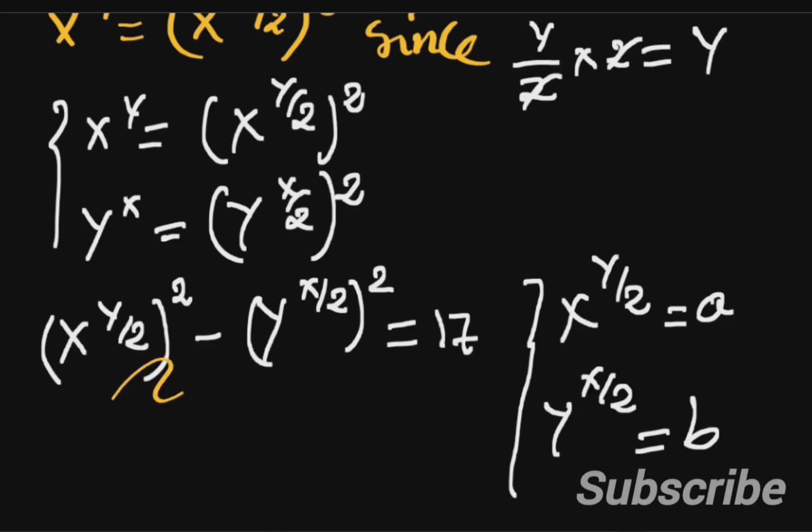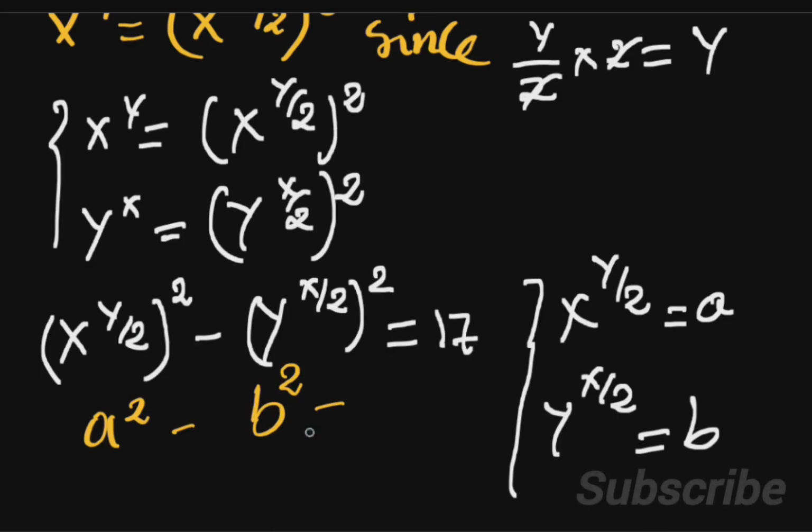That is, we have here a squared minus b squared equal to 17.